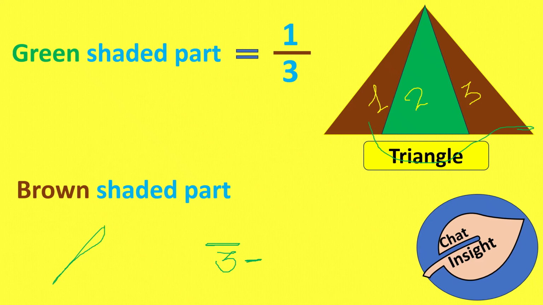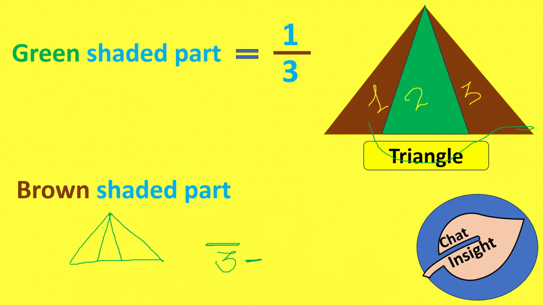Oh, just wait. It's a triangle. It's our triangle. Okay, and we cut it from the center, bacha. We cut it from the center like the first and second part.